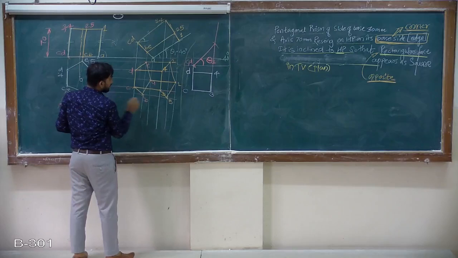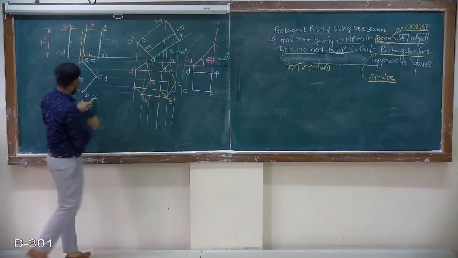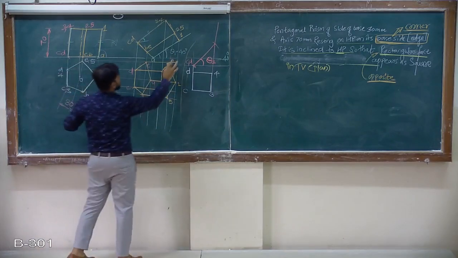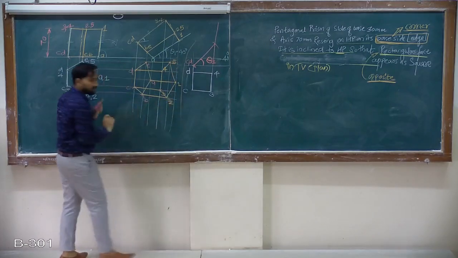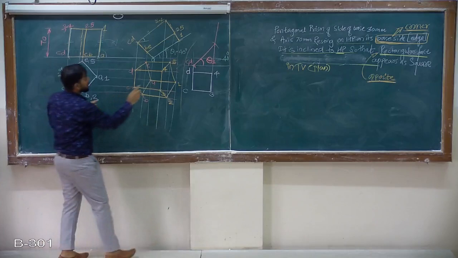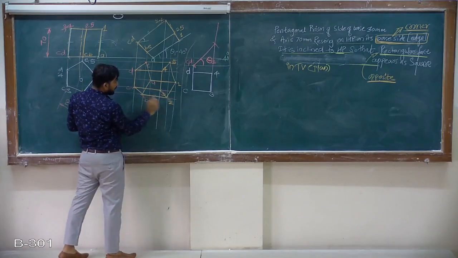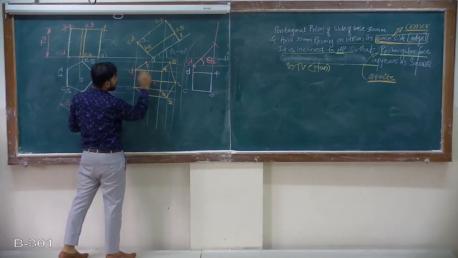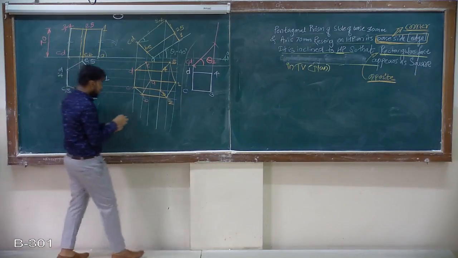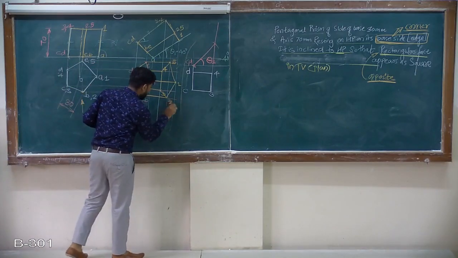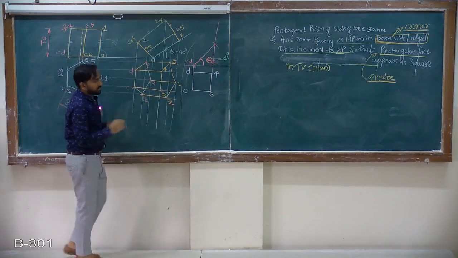This one, D to 4, C to 3. Actually, yeah, I reversed the notation. This should be the same. This is 5 and this is 2. So even the edges should match. A1, B2, C3, D4, E5. Those are the edges.